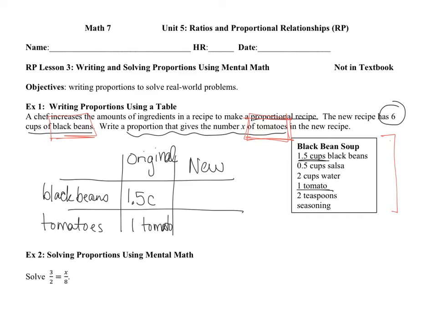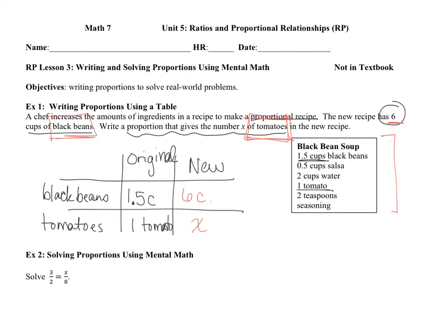So 1.5 cups to 1 tomato. In the new recipe, from the problem, we're given that it has 6 cups of black beans, and we need to figure out how many tomatoes we're going to need.